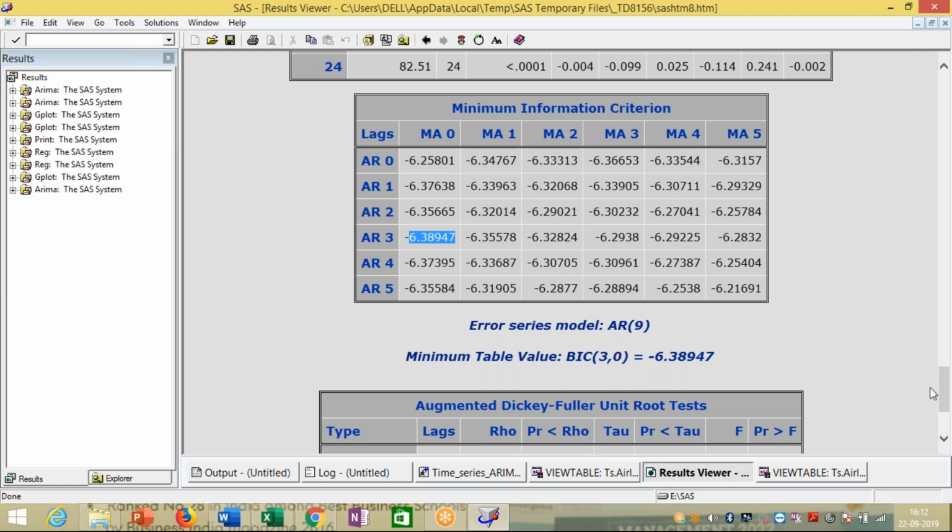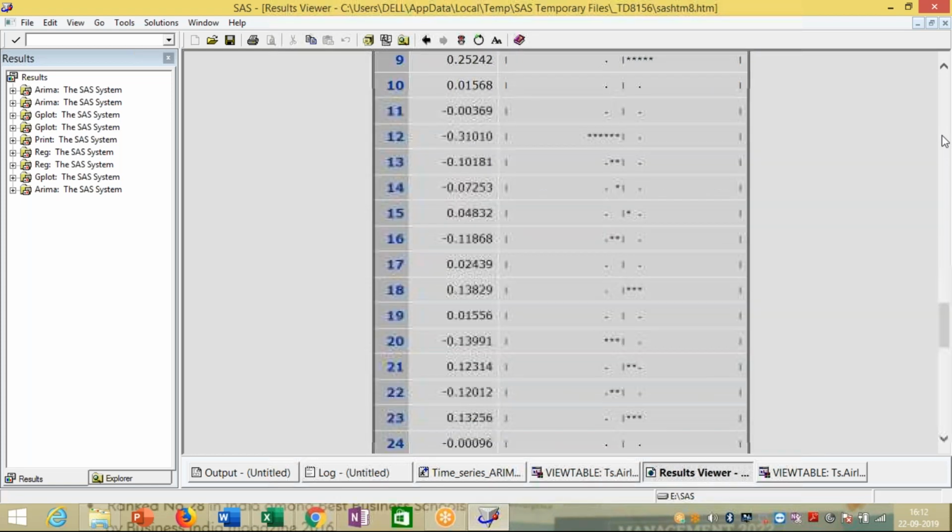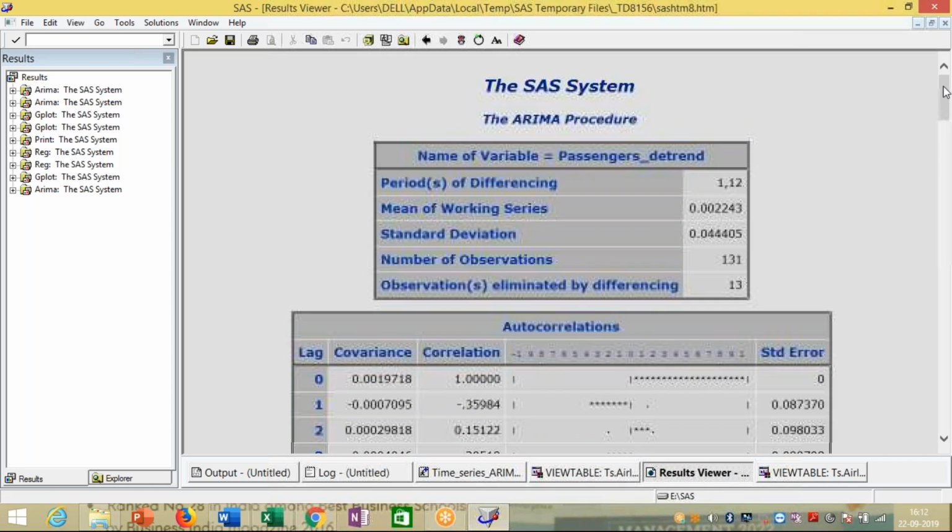So what are the ways through which a time series can be converted into a stationary time series? Obviously, one thing that we saw was the trend stationary process. So if by detrending you can convert a time series into a stationary process, then that becomes a trend stationary process.